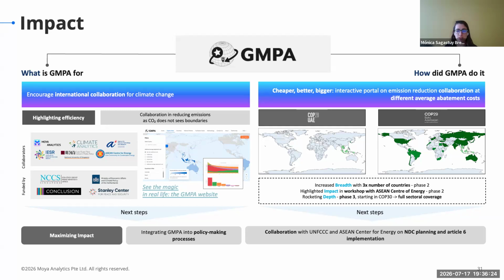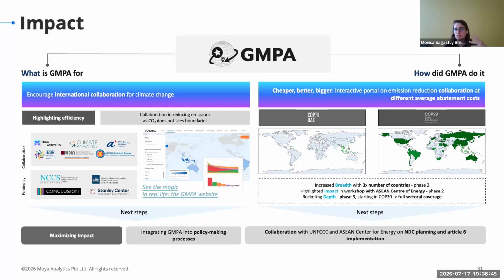We have seen from our results and our initial analysis that it's a promising avenue for being able to reach these goals. We launched the tool a few years ago at COP28, and we have been presenting it for 3 years now, as we've been expanding on the breadth, the depth, and the impact of our modeling and analysis.